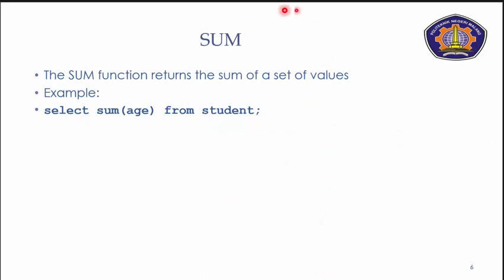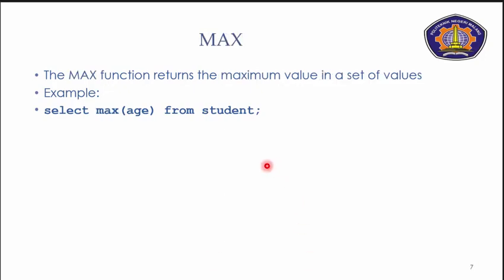And the other one is sum. Sum represents the sum of a set of values. So select sum age from student will give us the summary of the age of these students. Another aggregate function is maximum. The function max returns the maximum value in a set of values, so it will give the maximum age from student.